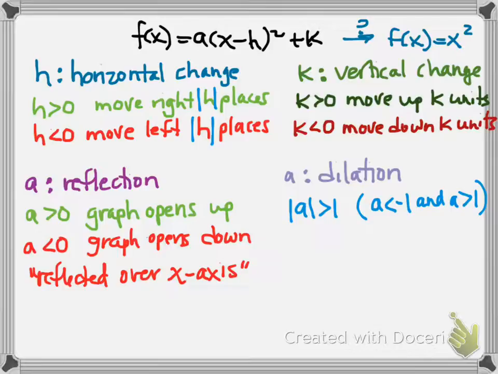So your number is either smaller than -1 or greater than +1. Then your parabola is going to get skinny. So the book calls it stretch vertically. I say it gets skinnier.